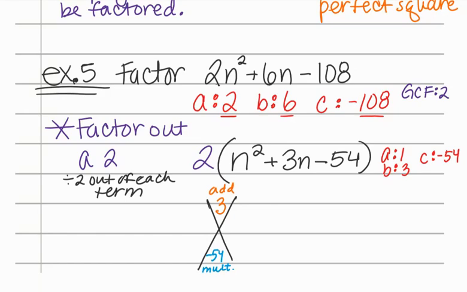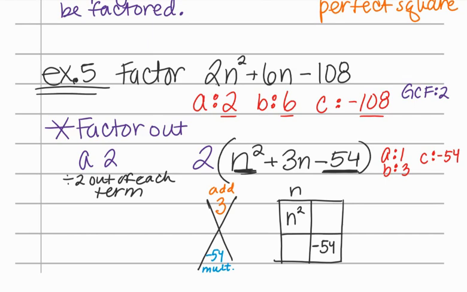We create our little area model over here. I know that my first term will be in the first box. My last term will be in the last box. I know I'll have an n and an n, right? And these other two numbers are going to go in these two spots with an n as the variable. They're also going to go in these two spots, right?